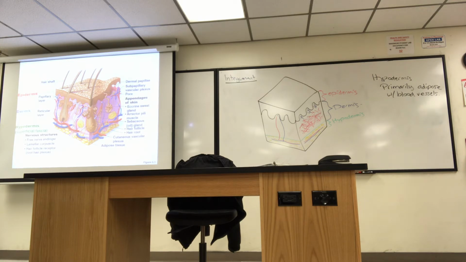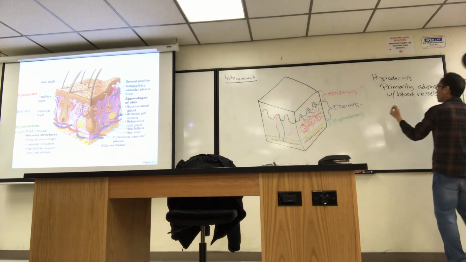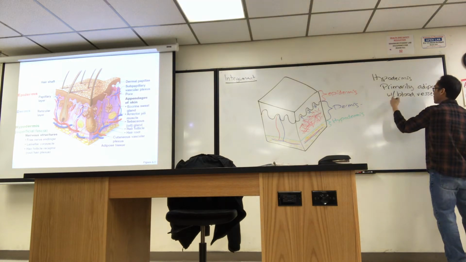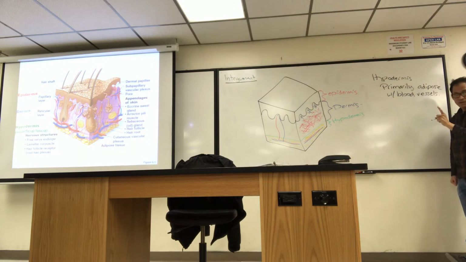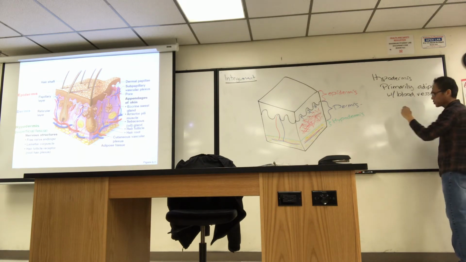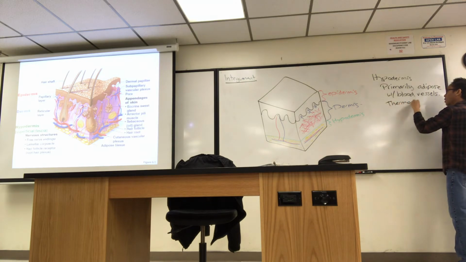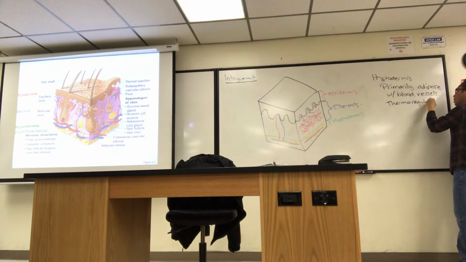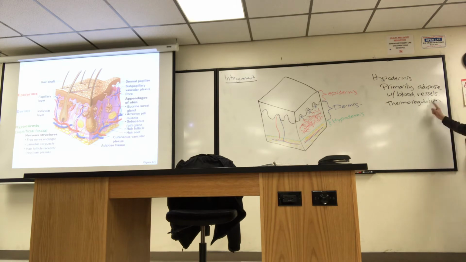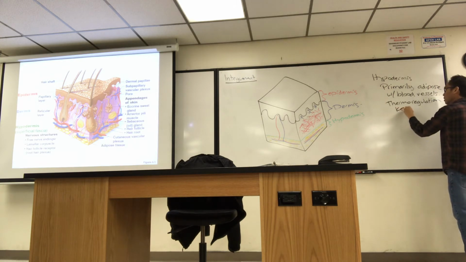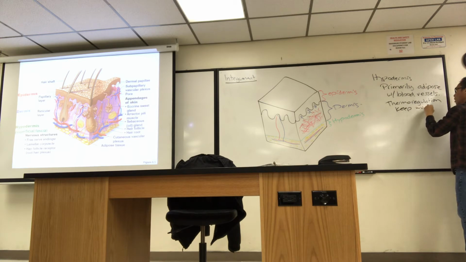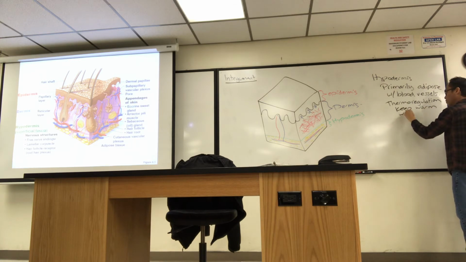So this kind of gets us into the functions of skin. Hypodermis, because of the fat, part of its function is thermoregulation. It can help keep you warm because of the fat. Keep warm with the adipose.